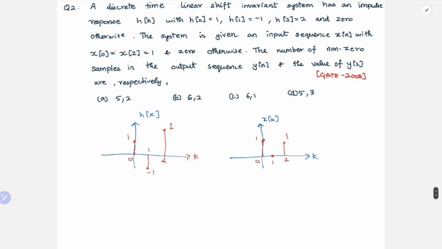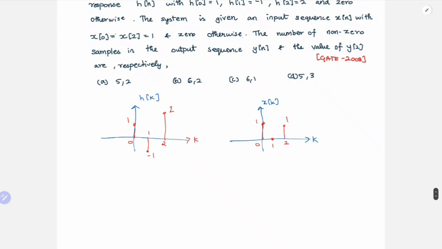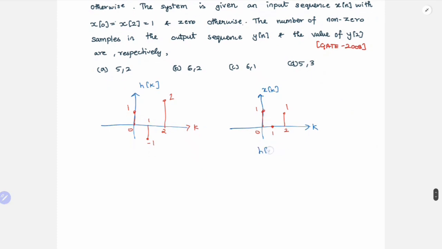At 1 it is 0, and everywhere else also it is 0. So now I need to find h of n minus k. If I take h of minus k, this will go to minus 2. And if I do n, so this will be n minus 2, n minus 1, I'll have minus 1. And at n I'll have 1.